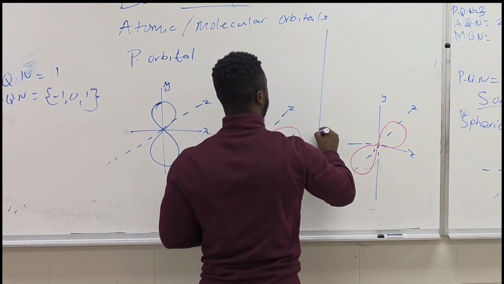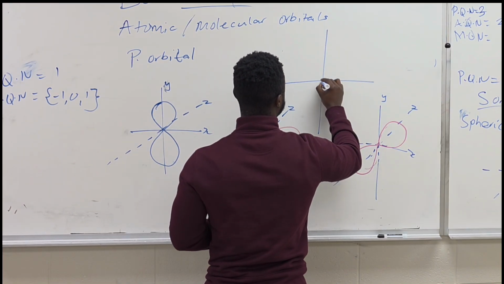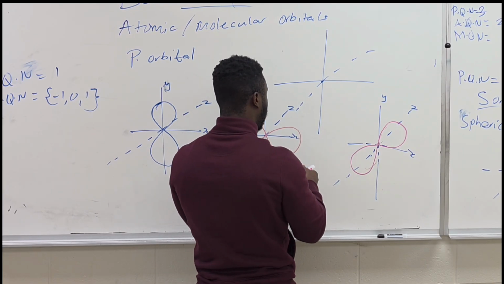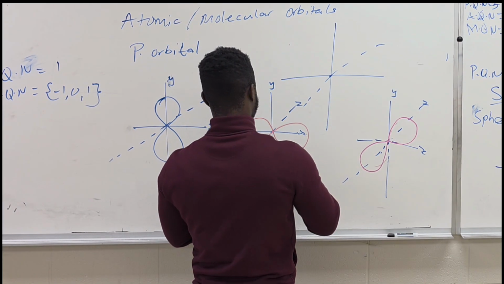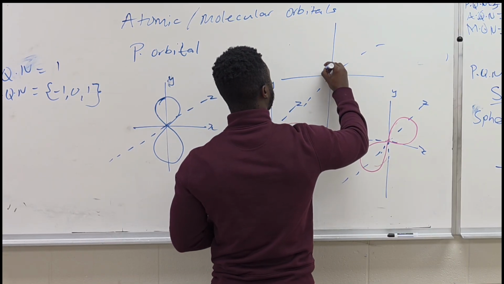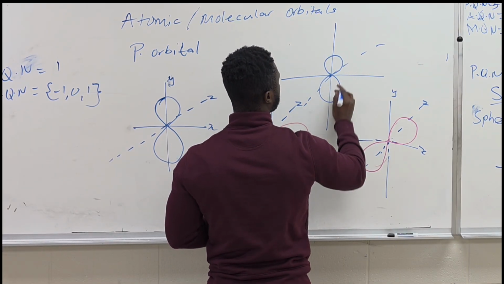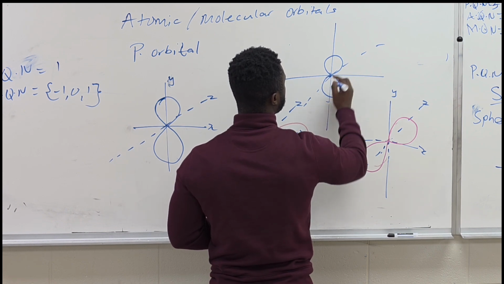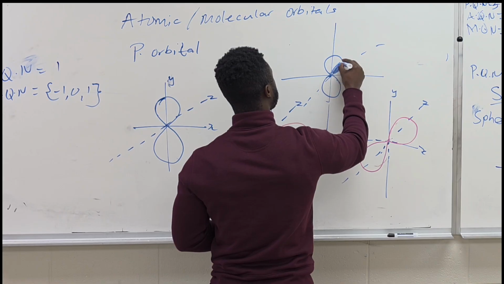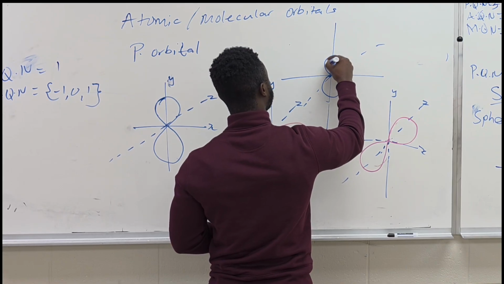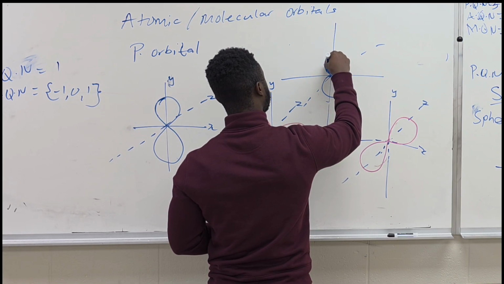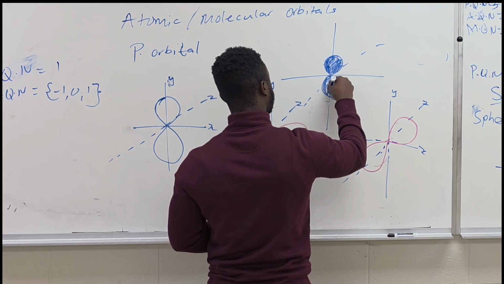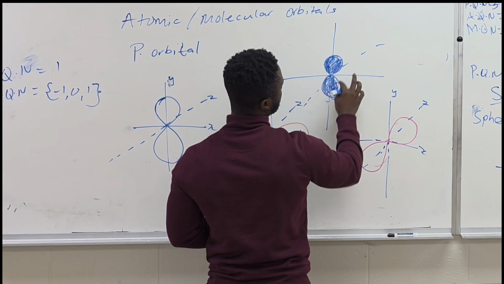We draw our Cartesian plane like this, and then like that. This will be the superimposed P orbital. All of them exist together in the same space, right? So the first one, the blue one, I'm not going to draw them too big. Right? So the blue, let me shade this blue. Yep.